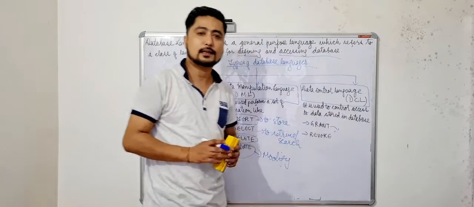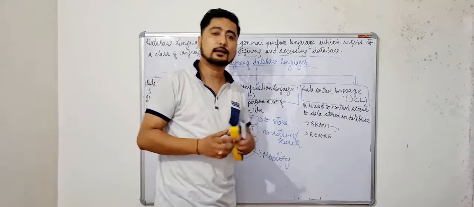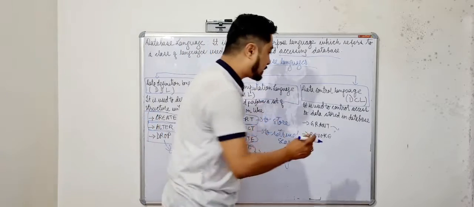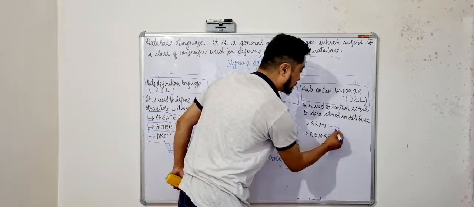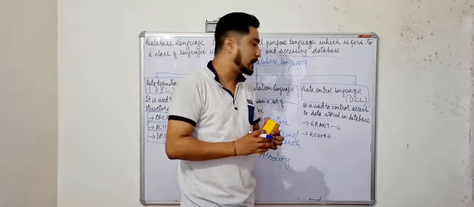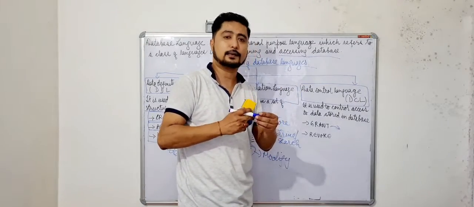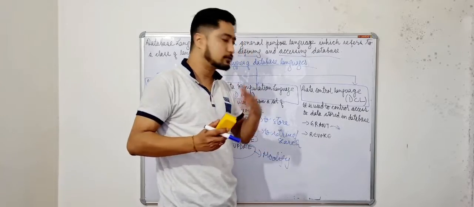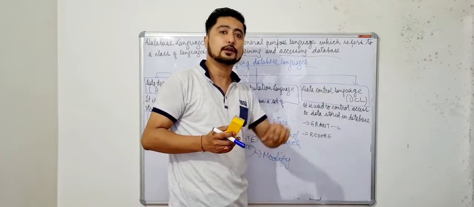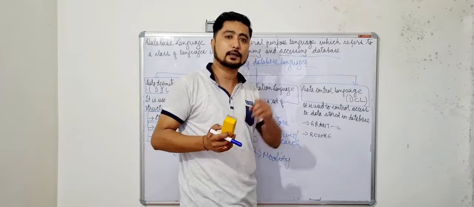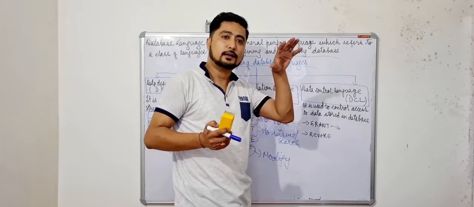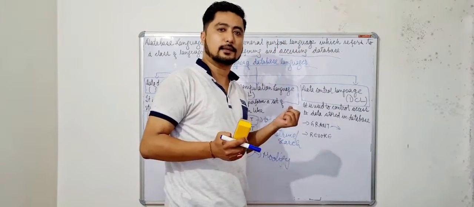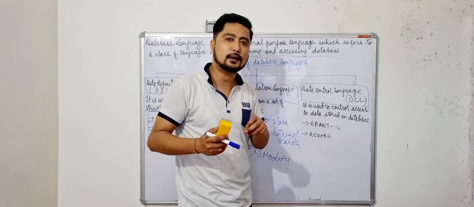So first let us say this grant command. The grant command is the permission. It gives the permission, the DBA, that means database administrator. What does he do if he wants to grant the permission to the user who uses that database? The database administrator is the person who designs the database, and the user only uses that database.